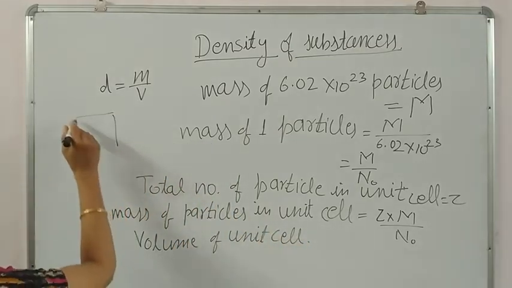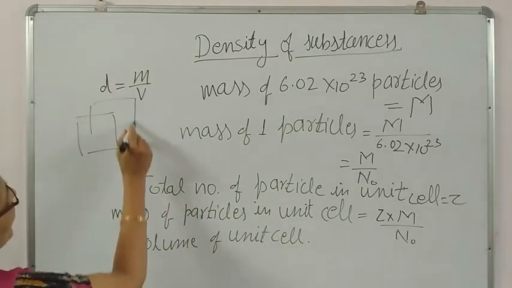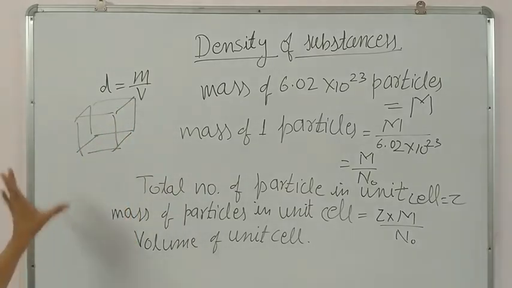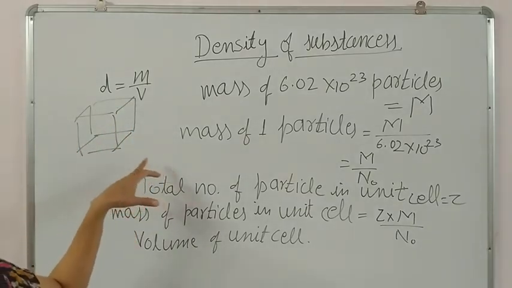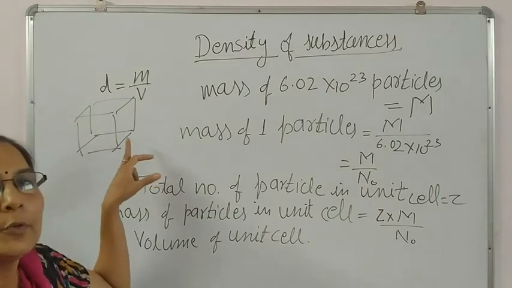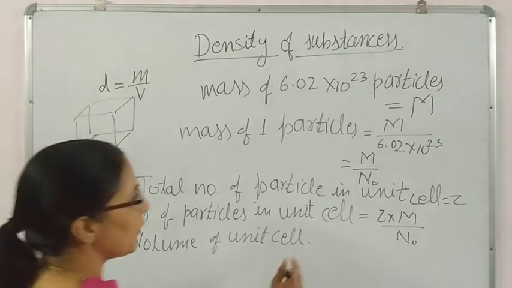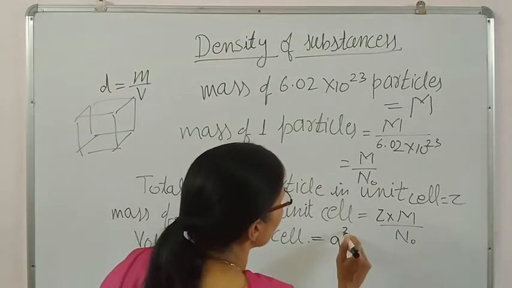As you know, we are doing work for only cubical unit cells in this chapter. All the calculation is based on the cubical unit cell. For all cubical unit cells, volume is equal to a cube.